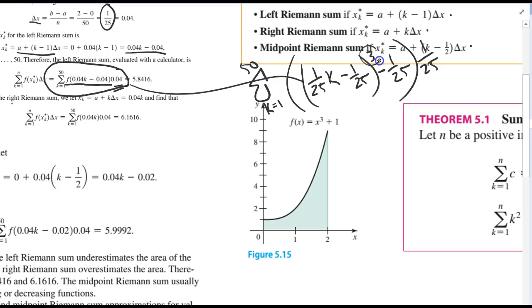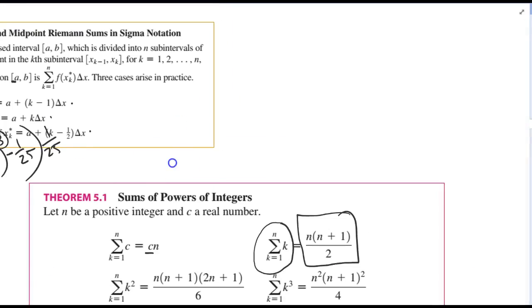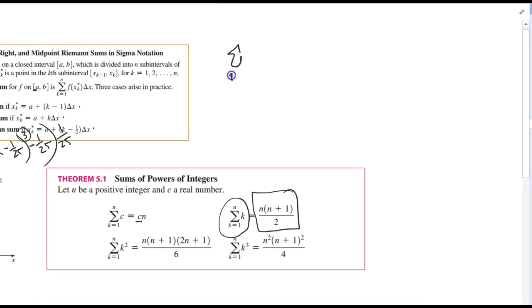I'm going to have to expand this out and do some tricks with algebra to make it easier, so I'm going to rewrite that over here. I have the summation k equals 1 to 50 of 1 over 25 k minus 1 over 25 to the third power minus 1 over 25, all multiplied by 1 over 25.